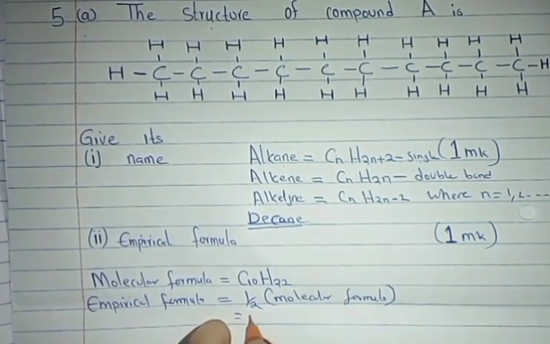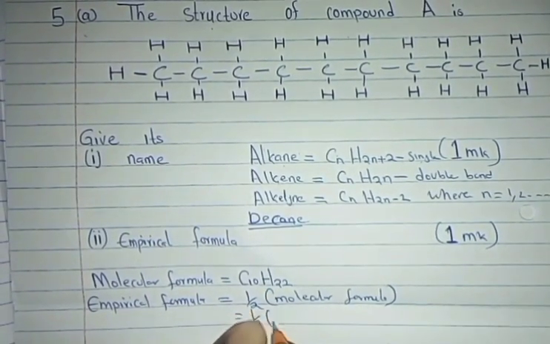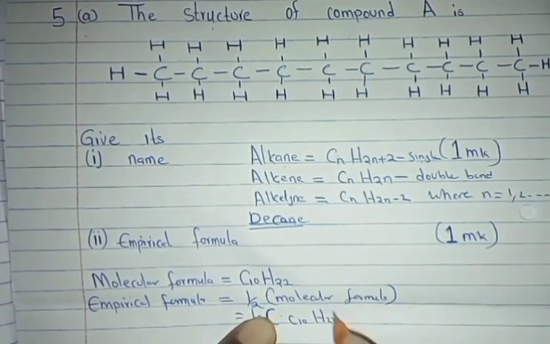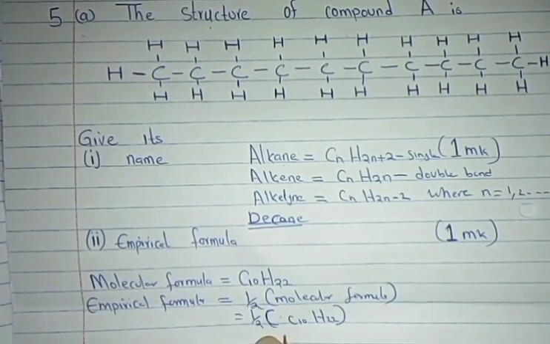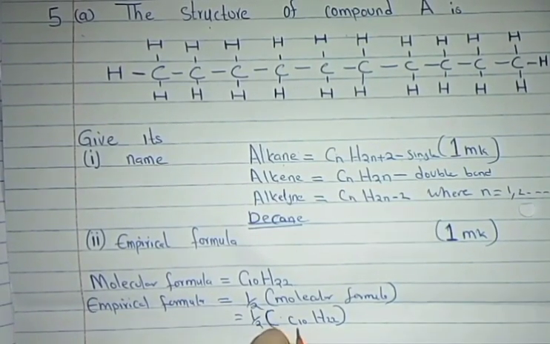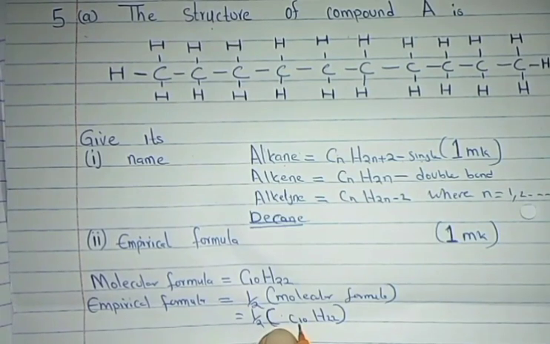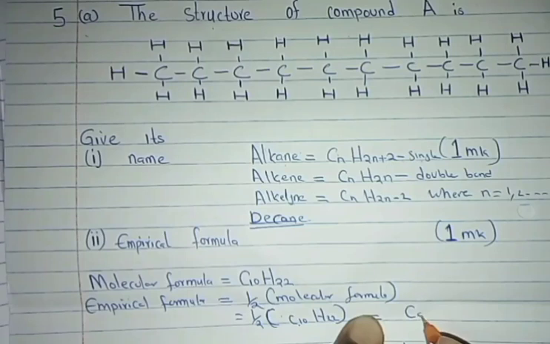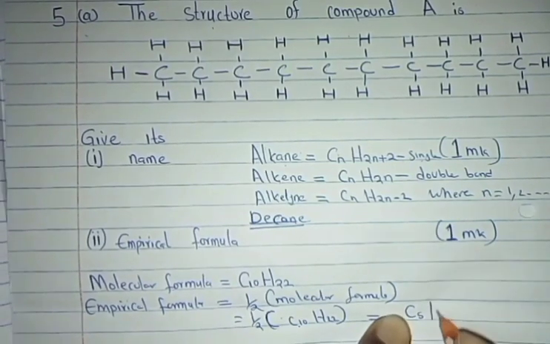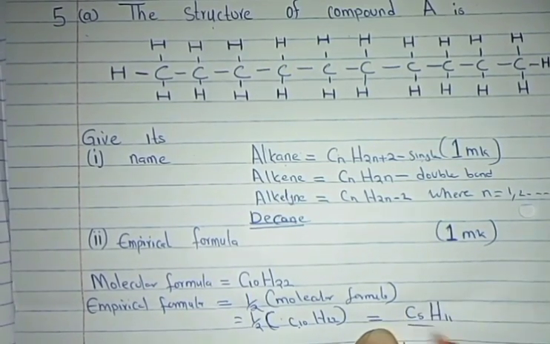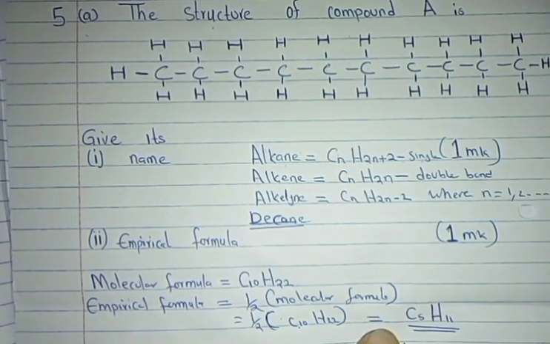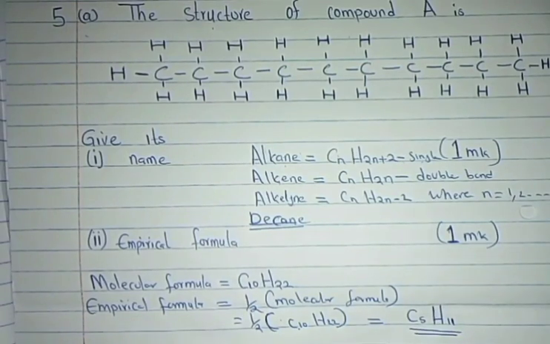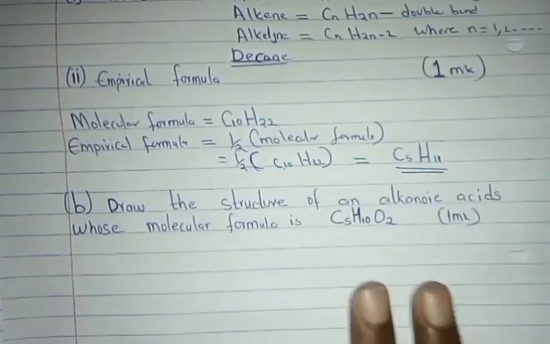So in other words, it is a half of this one here, in brackets, C10H22. So you are supposed to take the carbons, which are 10, divided by 2, and the hydrogens, which are 22, divided by 2. So you will get carbon 5 and hydrogen 11. So this is the empirical formula. Let's go to part B of the question.